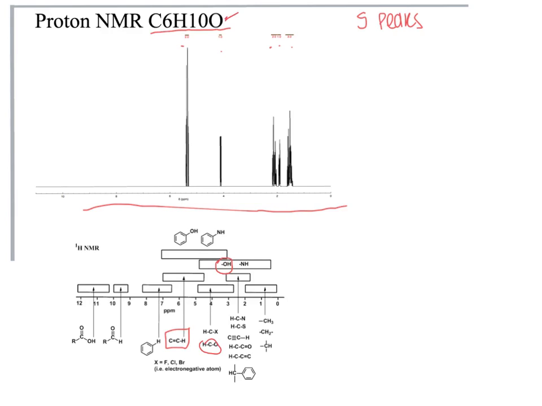The last 3 peaks are between 1 and 3, and they can symbolize CH3 bonds, CH2 bonds, and so on, that will give us an idea of how we can arrange these 6 carbons.